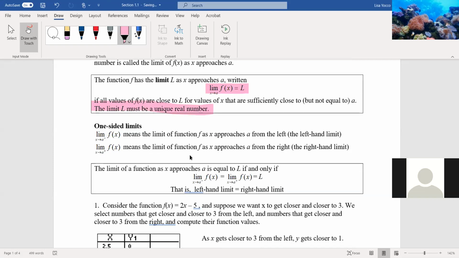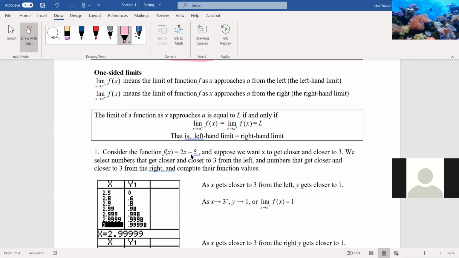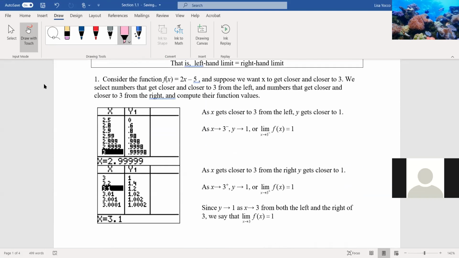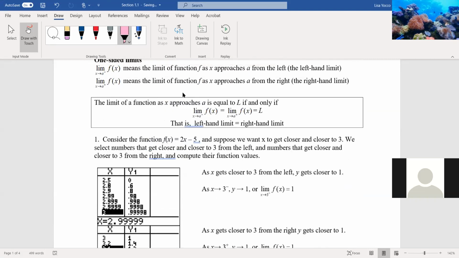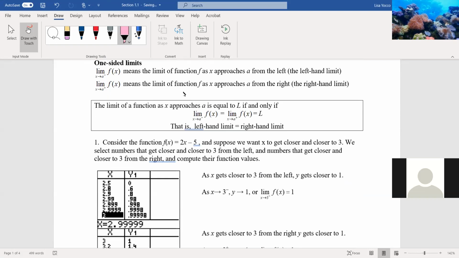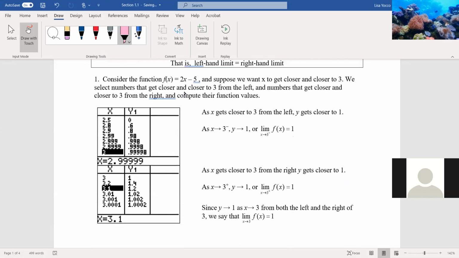All right, so I'm going to just take you down to the first example and help you make some meaning of these definitions. I skipped over these one-sided limits, but we'll come back to that too. We're starting with this simple linear function, f of x equals 2x minus 5. And suppose we want x to get closer and closer to 3.